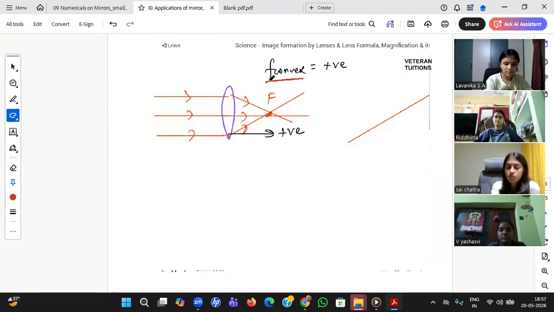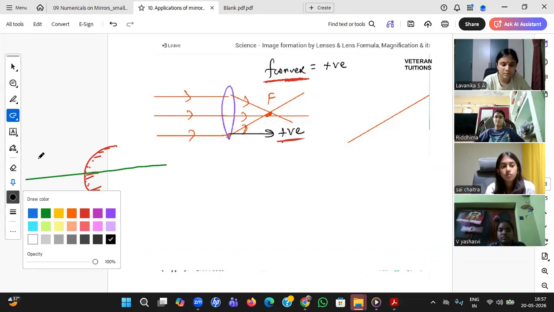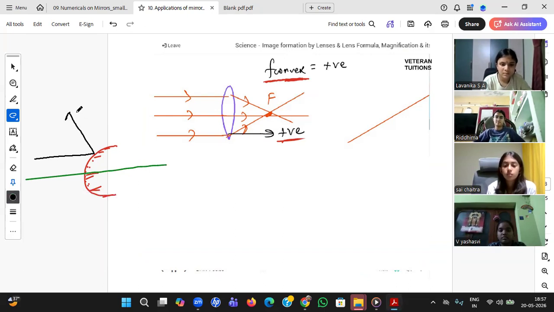When I explained mirrors, I asked you to write only convex. Don't write convex mirror or convex lens. Why? Here also we are getting positive, and in the convex mirror, the light ray coming in reflects and should pass through the focus. Whether it is a convex mirror or a convex lens, focus is always on the right side.